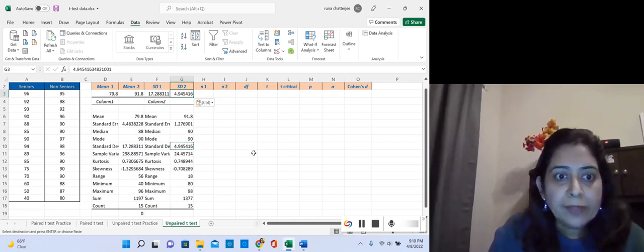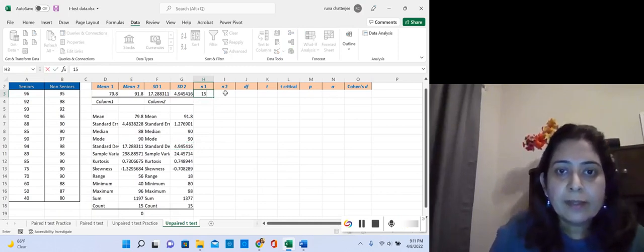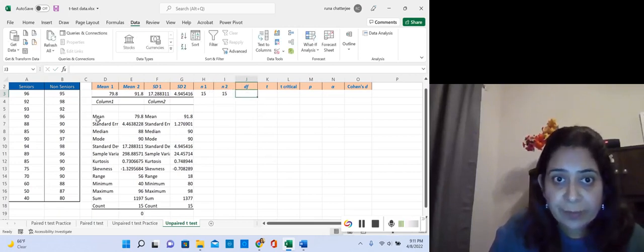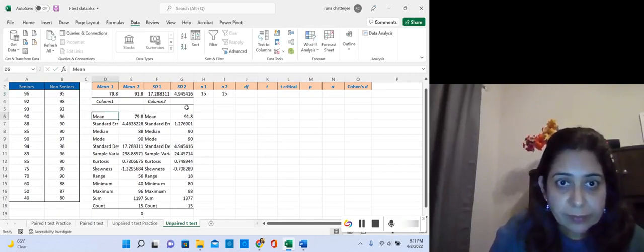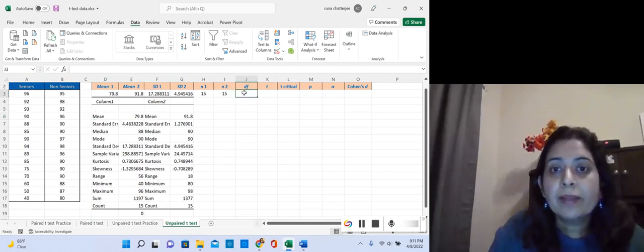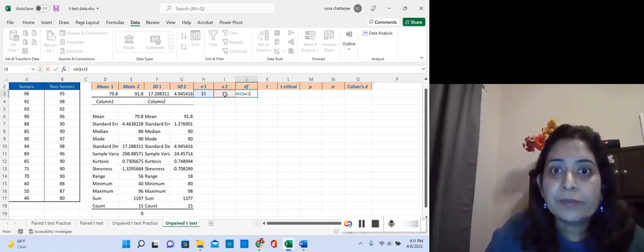We have 15, the count is 15, and our degrees of freedom here would be n1 plus n2 minus 2.